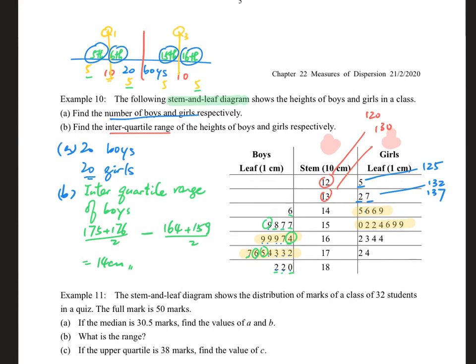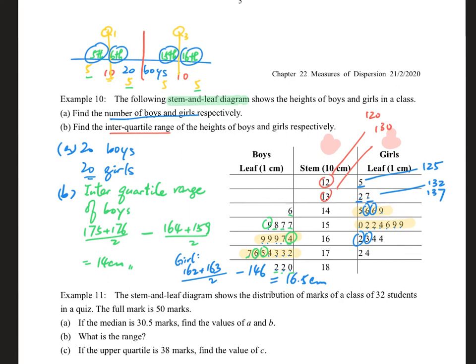Let's count: 1, 2, 3, up to 15, and the 16th. As a result, I won't write the words and will just show you the calculation. For girls, it's 162, 163 over 2. Q1 is easy because both are 6 and 6, so it's 146. And finally it gives you 16.5 cm.